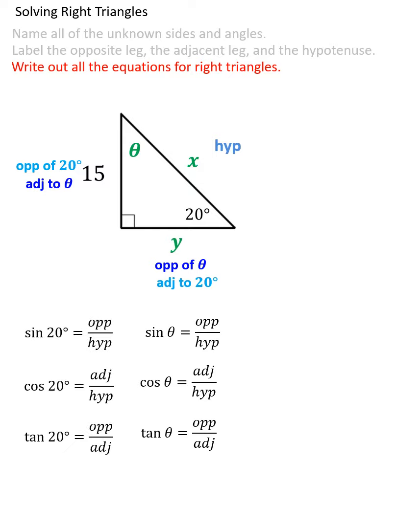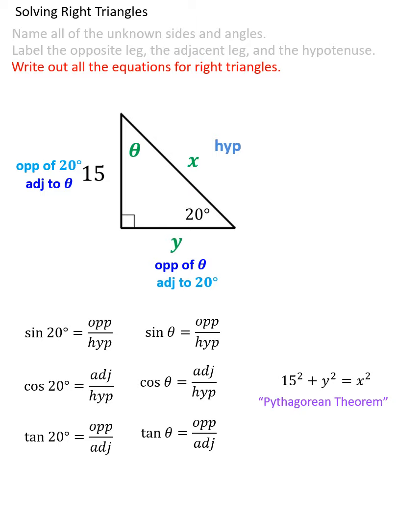But I could similarly make the same set of equations using the 20-degree angle. And this raises an interesting question. Should we use theta as our angle of reference, or should we use 20? Well, right now I'm not focusing on that so much. I'm simply saying that we could actually make 6 trigonometric proportions here, because we can make 3 out of the 20-degree angle and 3 out of the theta angle.